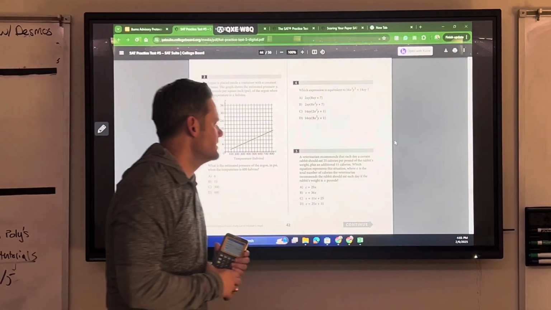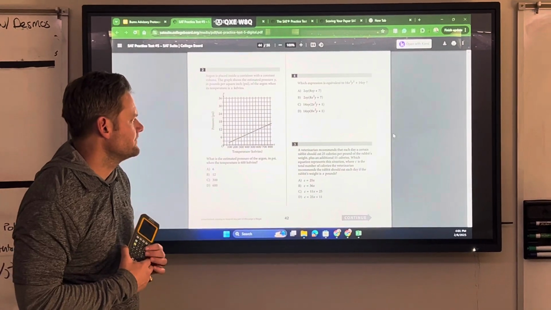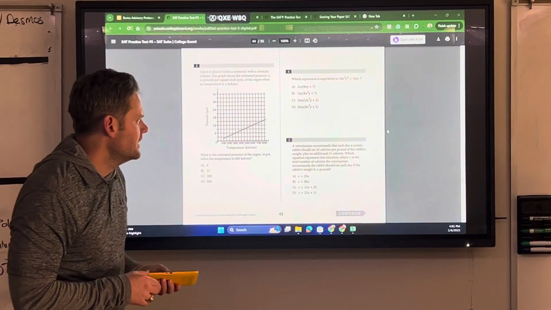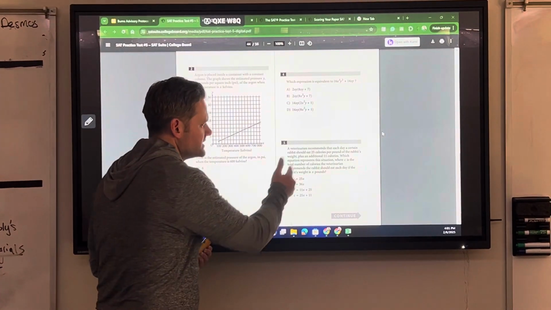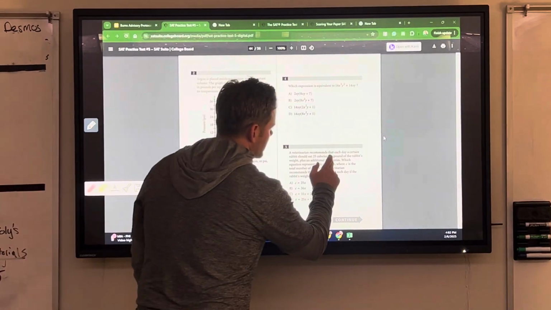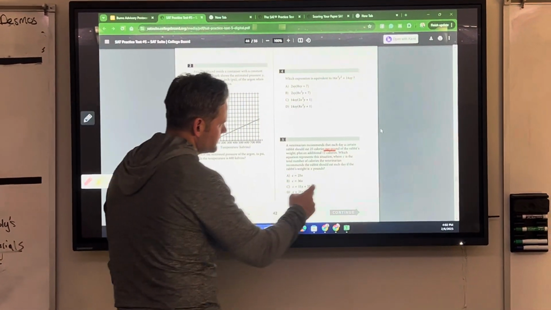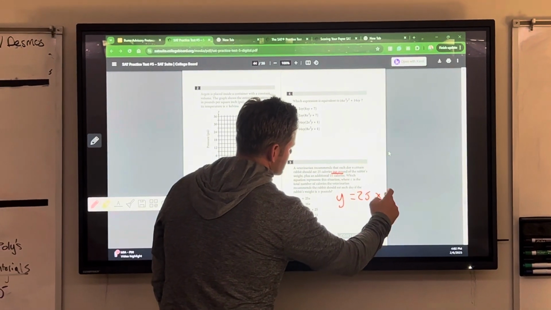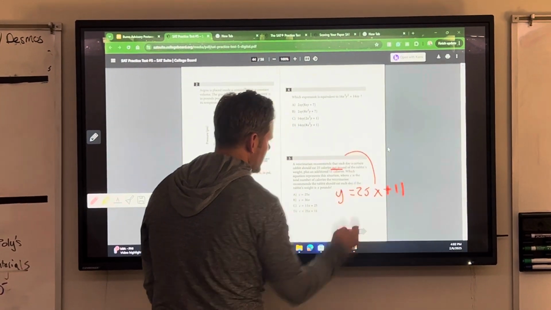A veterinarian records that each day a certain rabbit eats 25 calories per pound of the rabbit's weight, plus an additional 11 calories. All right, so anytime I see the word per, I should think slope, so I know these rabbits need to eat 25x plus 11, where x is the weight, right?